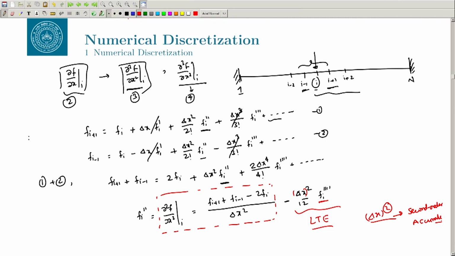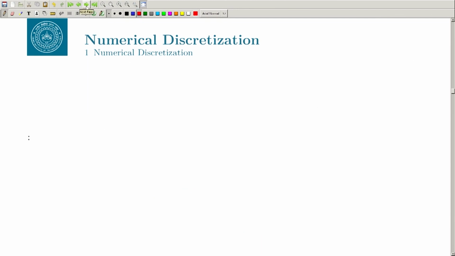Okay. So, we got that derivative for the approximation for the second order derivative, right. We can also use that in a different way. Let us say you write del 2 f by del x square at I. You can use the forward differencing approach like we have done earlier, okay.